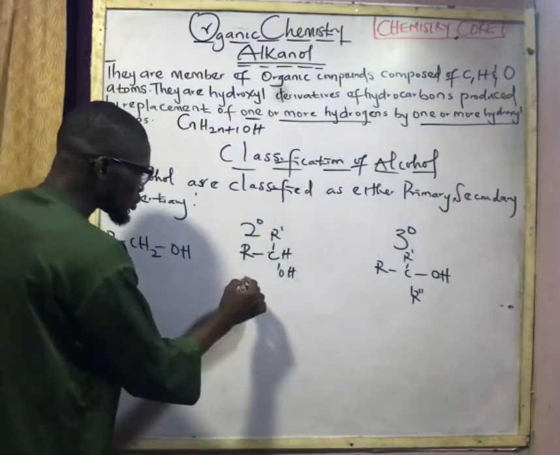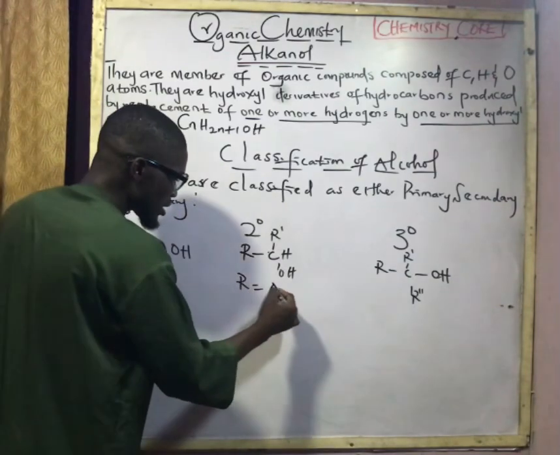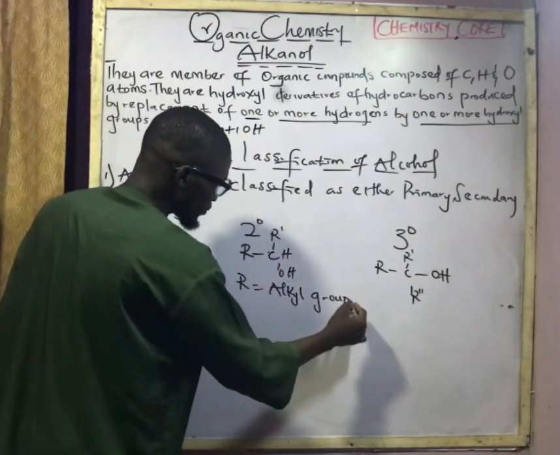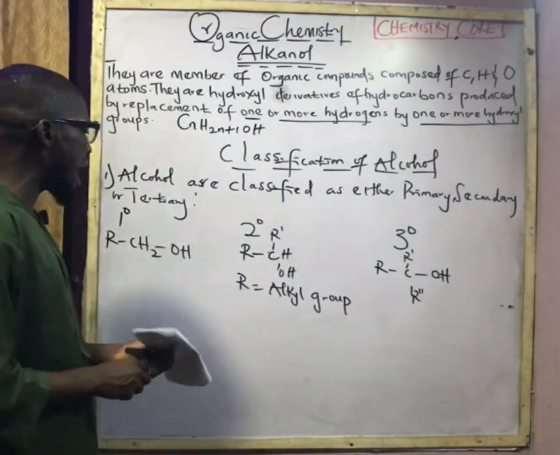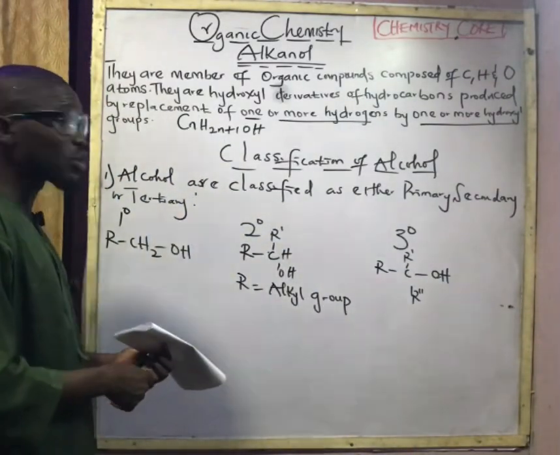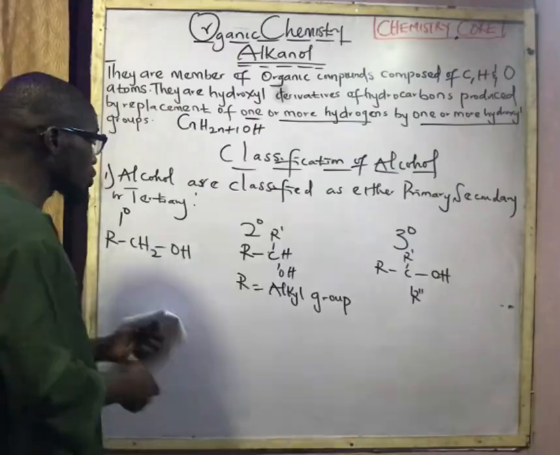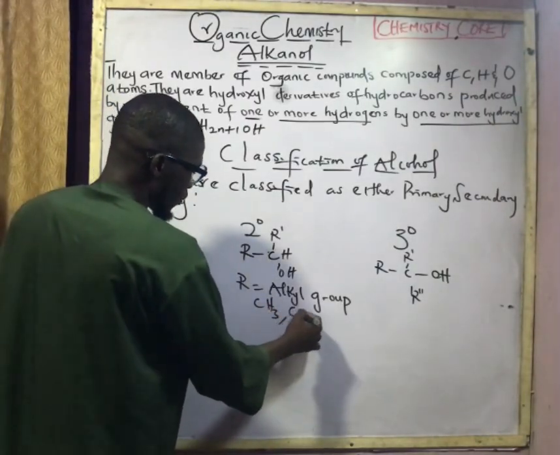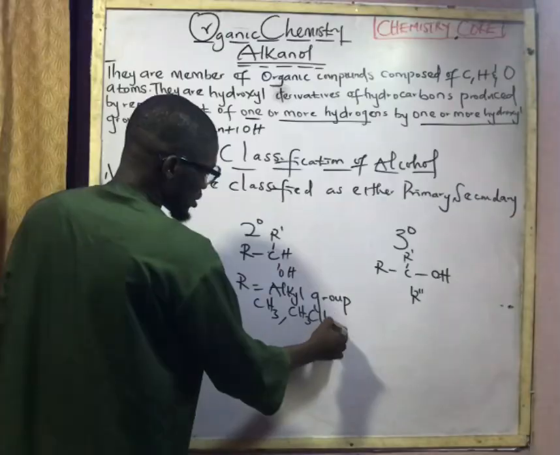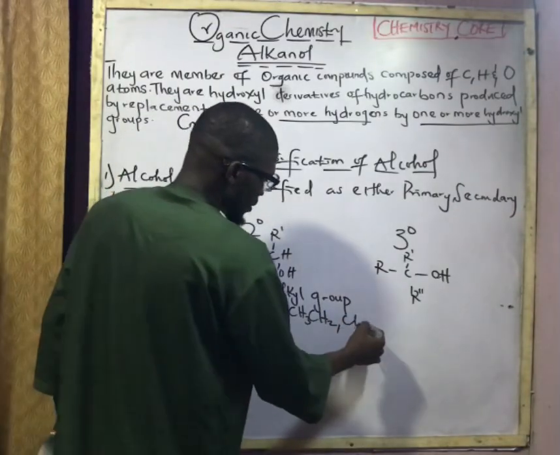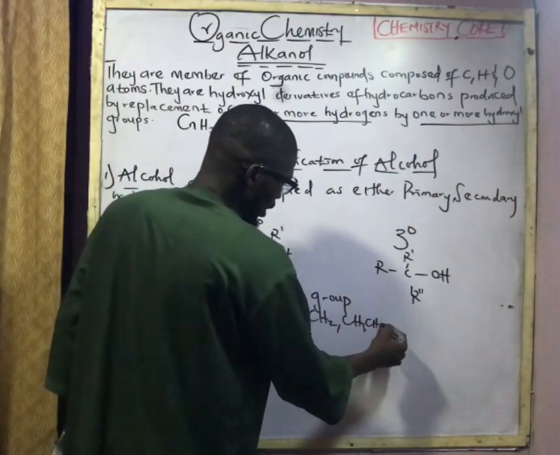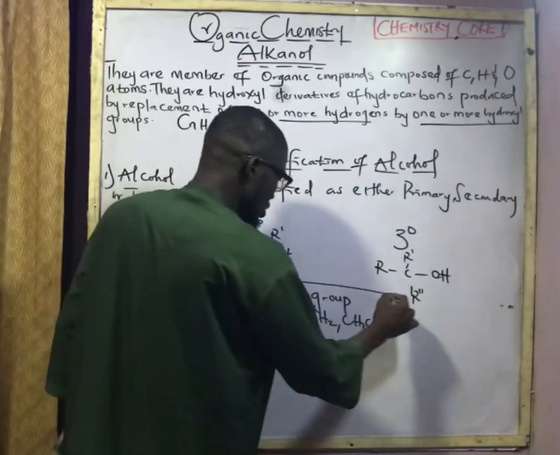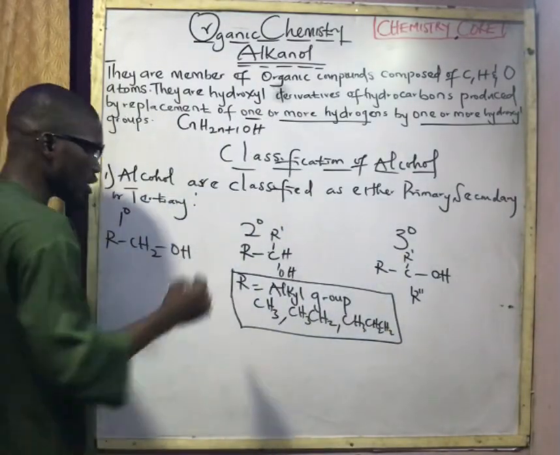So this arrow represents the alkyl group. Note that, please: the arrow represents the alkyl group. Examples of alkyl groups are CH3, CH3CH2, and CH3CH2CH2. These are the alkyl groups here.